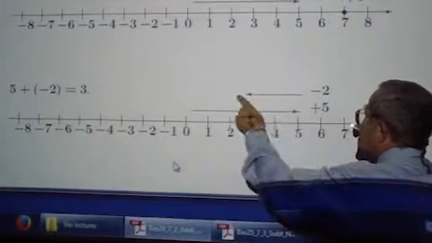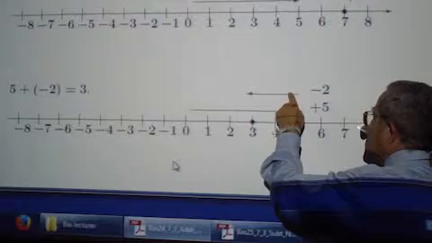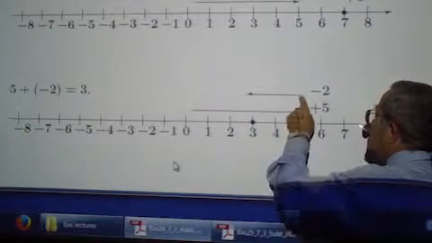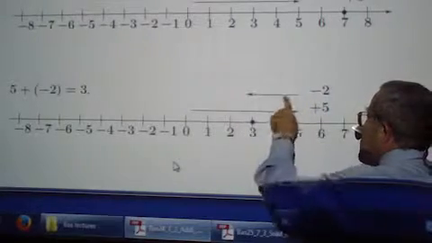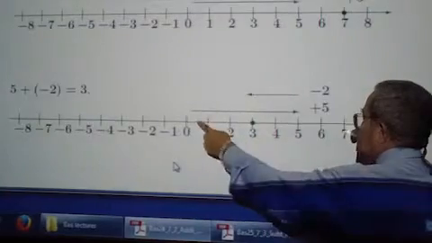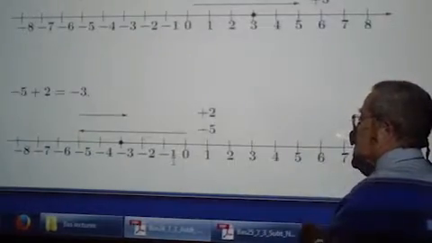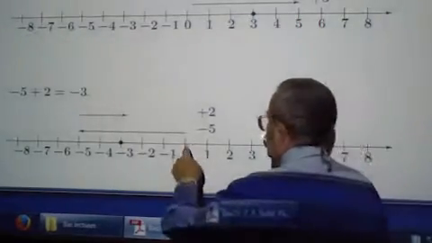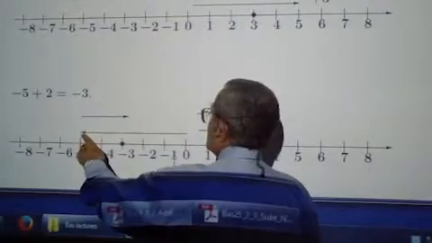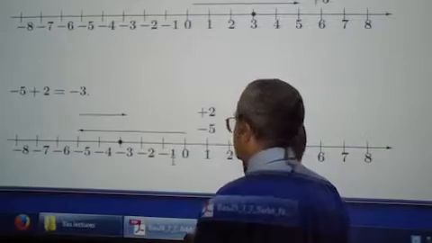5 plus -2, so you place this second arrow, the starting point, at the end point of the first one. It points in that direction, so you backtrack 2 steps and you end up at +3. So 5 plus -2 is +3. -5 plus +2 makes you end up at -3.